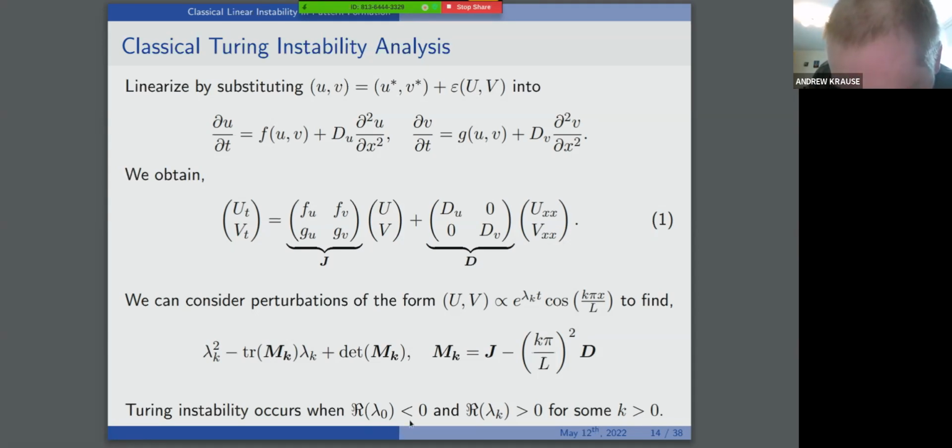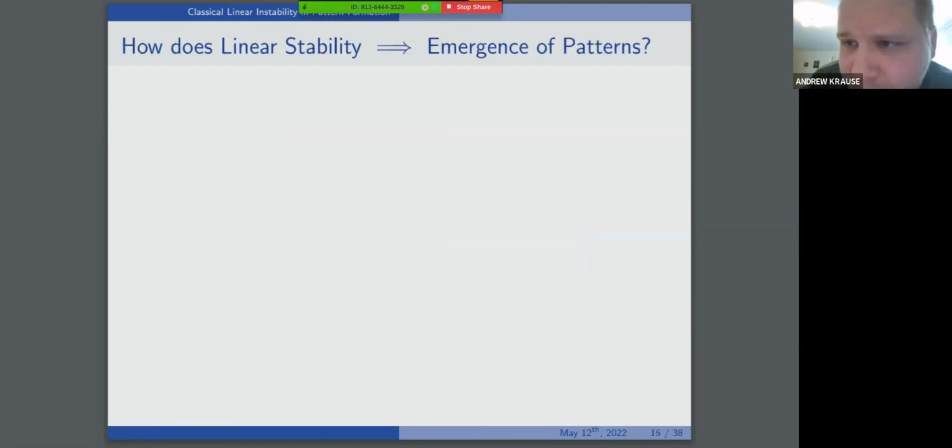And this is the mathematical way of representing that. So again, there are details here, but I think most of the mathematics in deriving this quadratic and understanding the basic conditions for Turing instability is reasonably well understood. And again, I would encourage you to take a look at Turing's paper for more details, or James Murray's book.